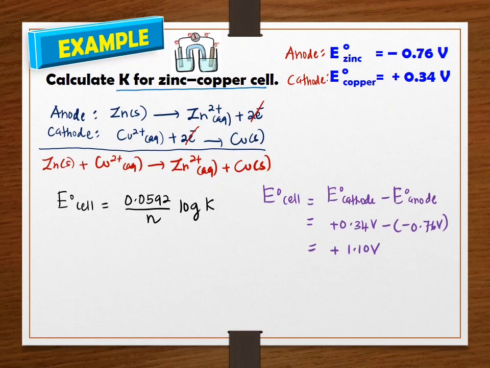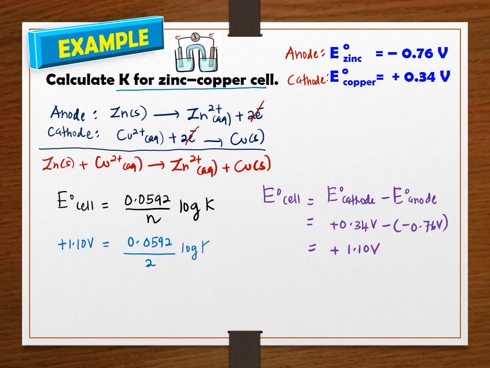And then you dah dapat, you dah boleh kira K lah. So E0 cell kita positive 1.10 volt equal to 0.0592 divided by 2, our n. Ingat n tu adalah nilai electron, number of electrons that we cancel out from the half cell equation.